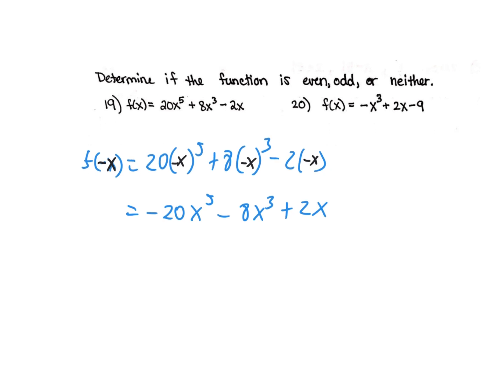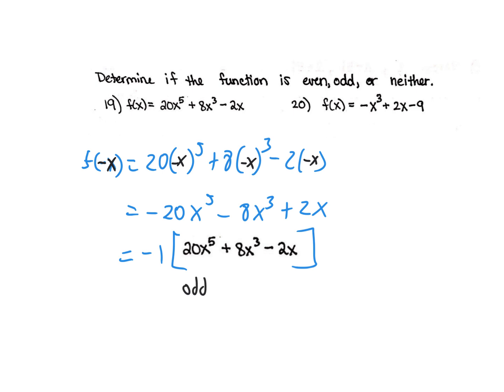But then you could factor out a -1. And what would you have on the inside? After factoring out that -1, you would actually have the original function. So if you plug negative x in for x, and then factor out a -1, you end up with the original function on the inside of the brackets. That means that it's odd.